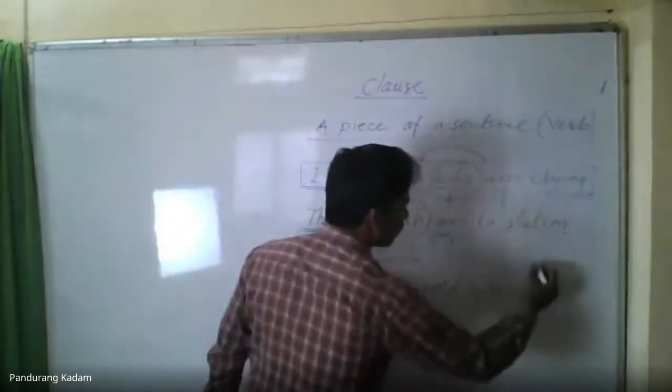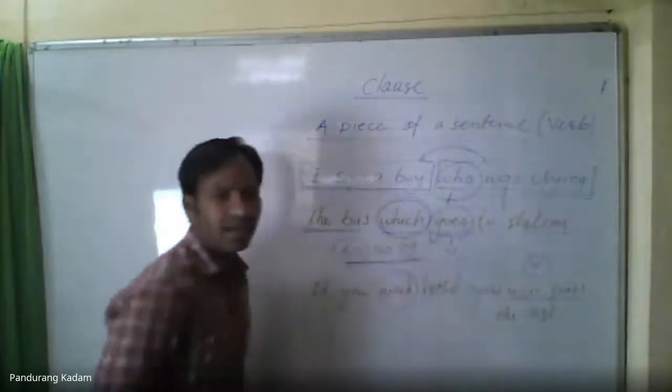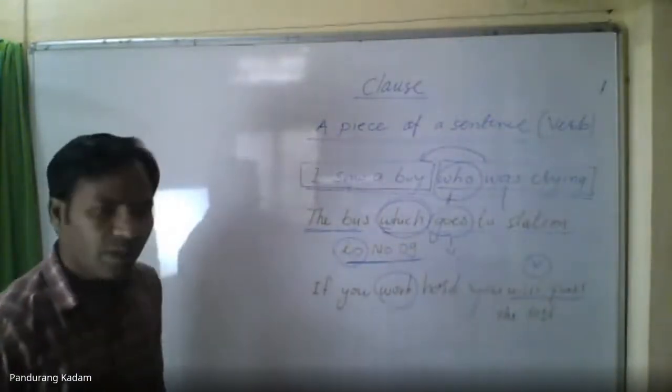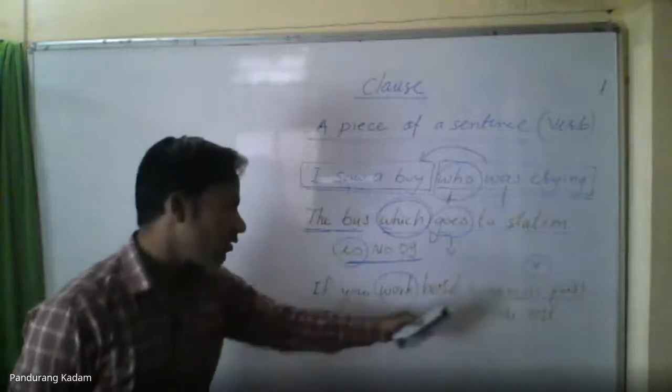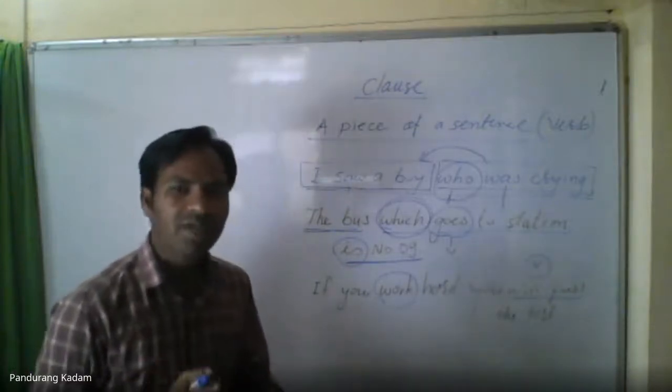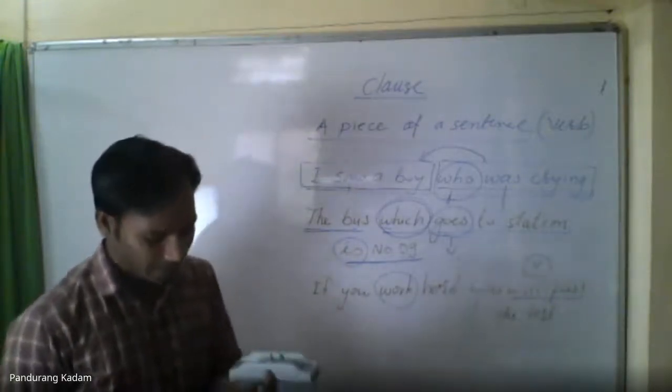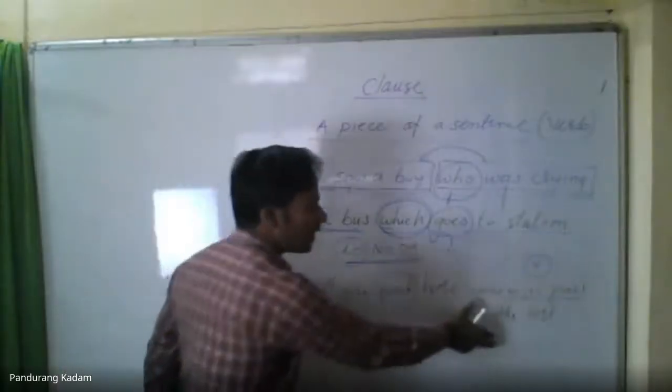Work and pass. Here are the two verbs. Which of these two pieces has complete meaning and which has incomplete meaning? You will pass the test is the piece with complete meaning.